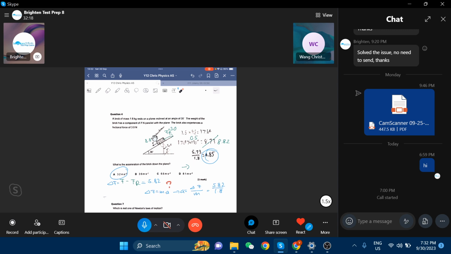Even if you would have used the 5.73 instead of the 5.82, that difference of 0.1 can't make the difference, because it jumps really from 3.2 to 3.9. So maybe it's 3.15 or 3.25, either way. So this is a good example of just recheck the numbers, because clearly you have it.